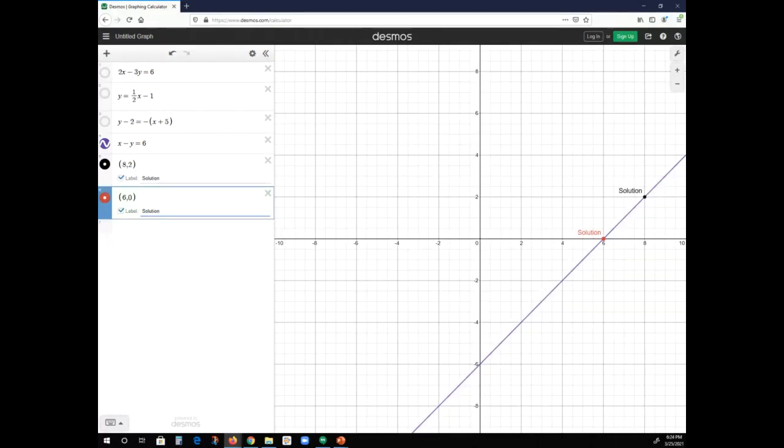So one thing about Desmos is if I click on the line, it automatically puts a point, and I can click and drag it. So any of these numbers here that it is listing, any of these ordered pairs, are all solutions to the equation. And so you can see that there are infinite solutions because this just goes on forever in either direction. And I can zoom out and it will keep going. It never ends. So there are infinite solutions, and we just have found 2 of them. But there are many, many, many more.